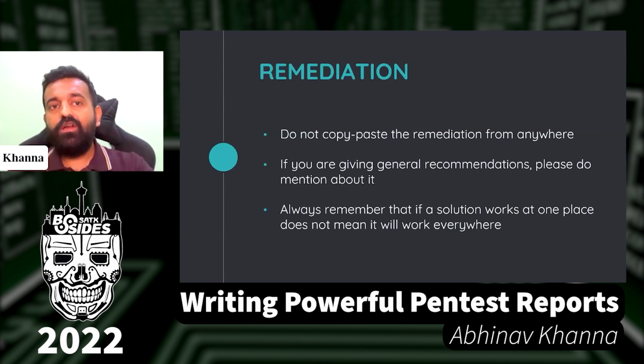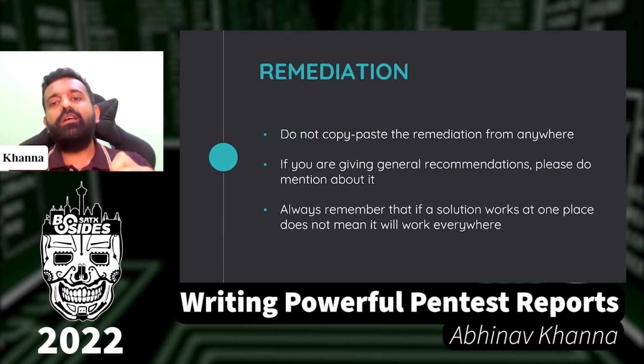How is it possible? To avoid that situation, try to write your own recommendation and try to be precise about it. I mean, try to find the exact recommendation for the vulnerability. If you're not able to write the exact remediation, try to give the general recommendation and do mention to the dev that these are general recommendations, not the exact ones, to avoid confusion or conflict.